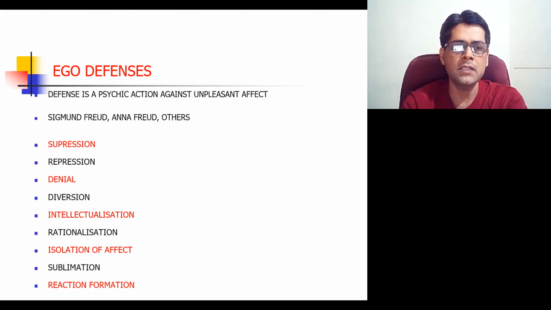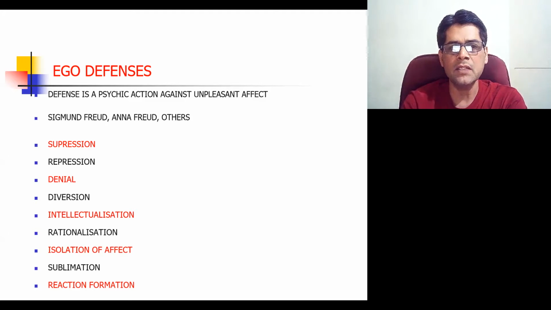The first defense is suppression. It is a conscious defense. Let us say you get an idea of surpassing somebody who works along with you, a colleague of yours, who is a very good person, and you get an idea of how you can trap him into something, destroy his reputation in the office, and then go past him and climb up the ladder.